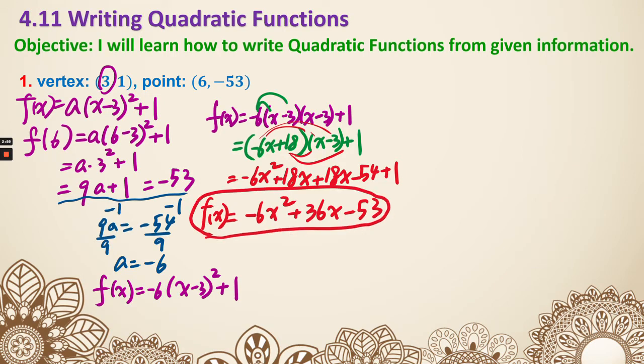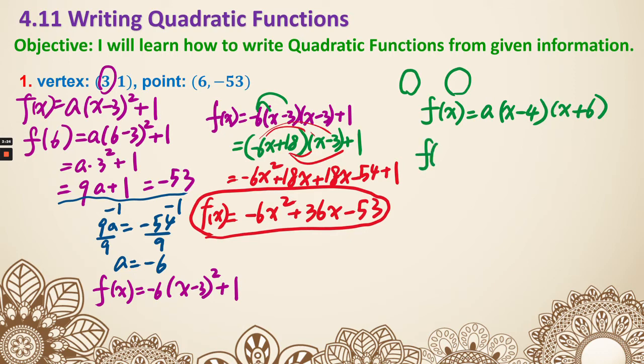Example 2. We're already given some zeros. That means I can start with the intercept form. f of x equals a is going to be there. It's the opposite of these numbers, so x minus 4. That is negative 6, so the opposite is x plus 6. Next, I'm going to need to plug in some points. The point that was given is negative 12, 48.